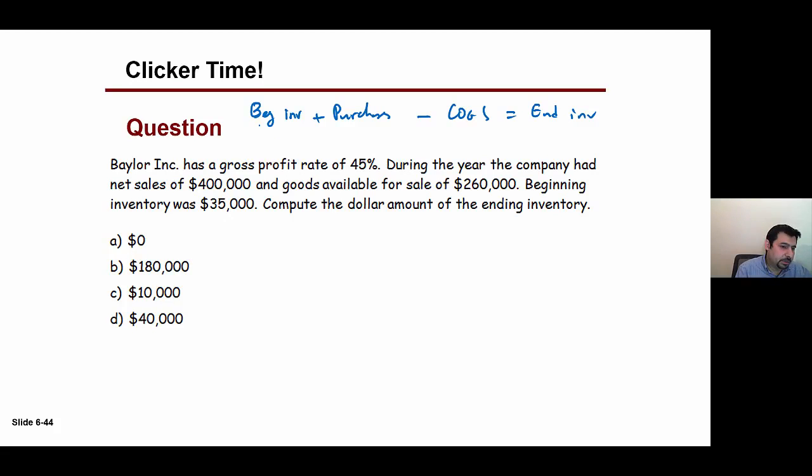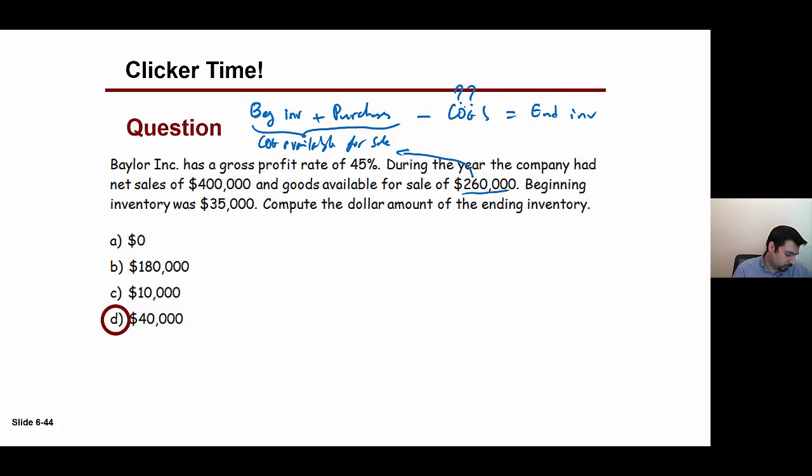In this example, remember that those two are the cost of goods available for sale. We do have this one, the 260,000. But we don't have the cost of goods sold.